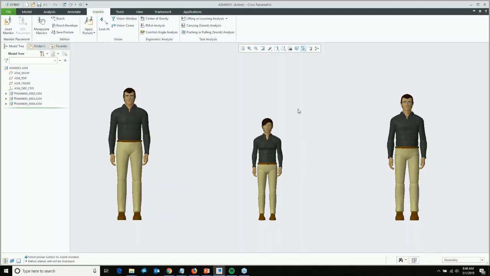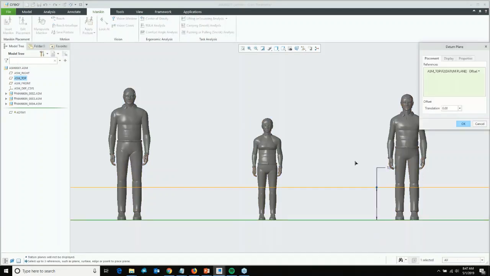In this case, a Chinese woman in the 5th percentile is much smaller than the American male in the 95th percentile, or the Dutch male in the 50th percentile. And the American over here is also slightly taller than the Dutch over here as well.